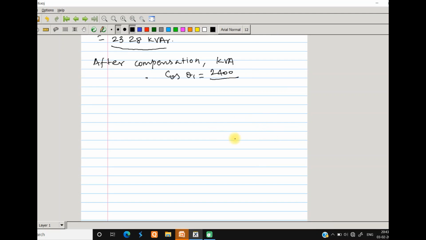Since we need to find that value, the kVA is going to be 2400 divided by cos theta 1, that is 0.94. So the answer will be 2553.2 kVA.